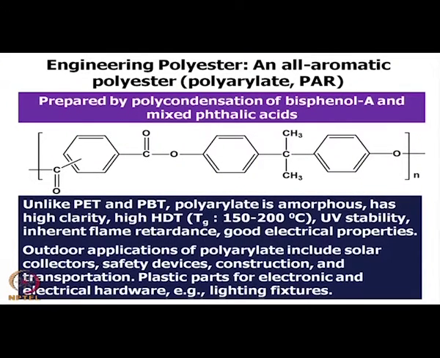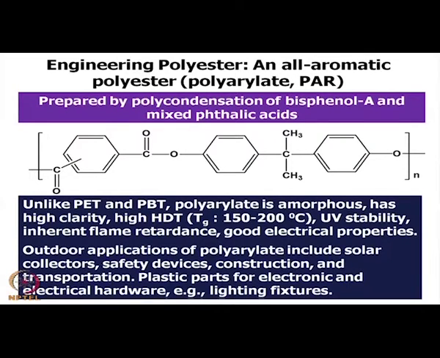In the last lecture, we were discussing the engineering or specialty polymers. We discussed the aliphatic as well as aromatic polyesters, PET, PBT and other polyesters. Now, in those PET and PBT, some part of the repeat unit was aliphatic and other part of the repeat unit was aromatic.